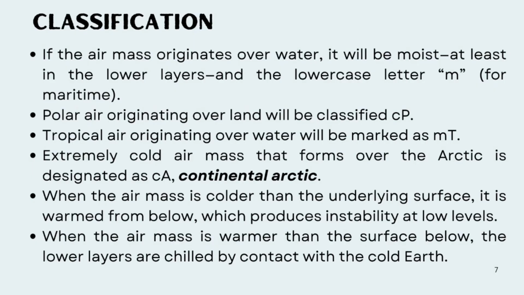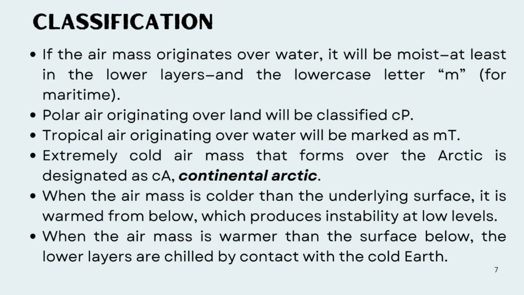But when the air mass is colder than the underlying surface, it is warmed from below, which produces instability at low levels. In this case, increased convection and turbulent mixing near the surface usually result in good visibility, cumuliform clouds, and showers of rain or snow.